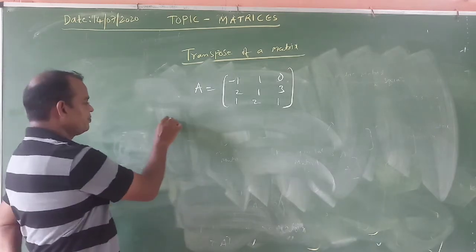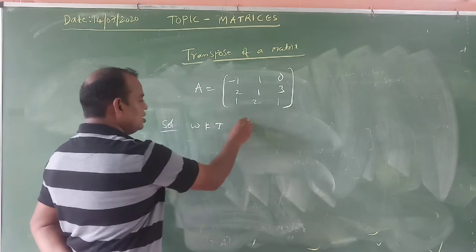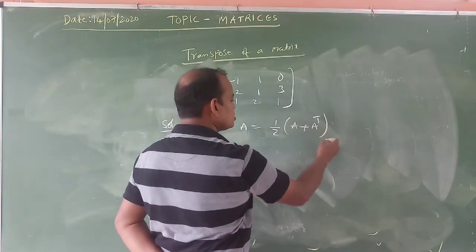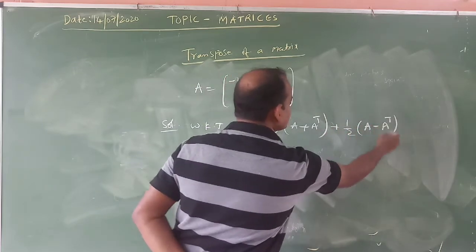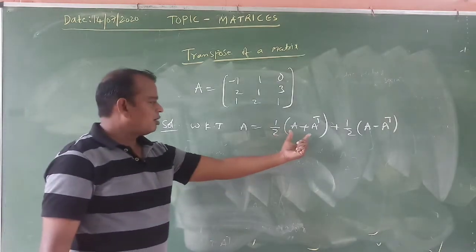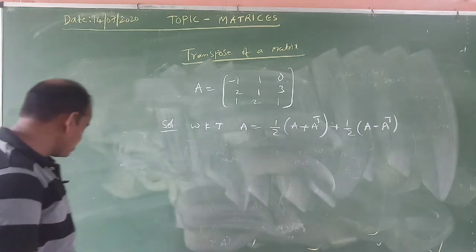Now you know that solution. We know that A is equal to half into A plus A transpose plus half into A minus A transpose. First we find half into A plus A transpose, next we find half into A minus A transpose.